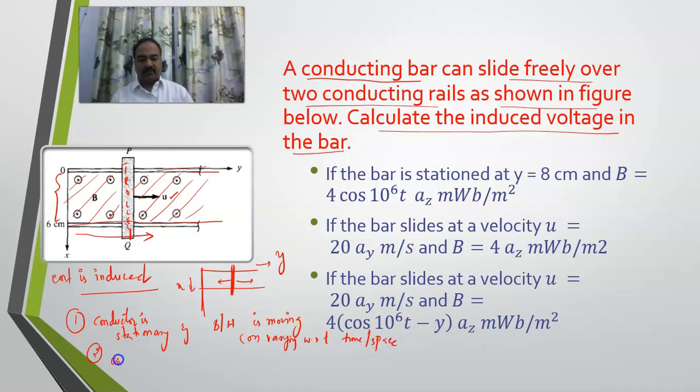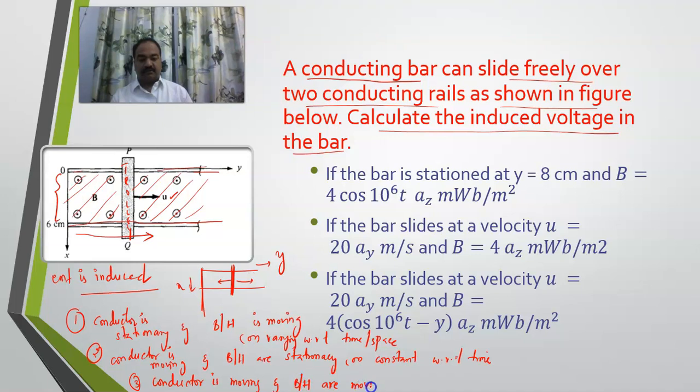Second, the conductor is moving and B or H is stationary, or what we call constant with respect to time. Case number 3, both vary: the conductor is moving, and B or H, whatever is being given, is also varying with respect to time. In each of these three cases, you can experience an EMF induced in the conductor.